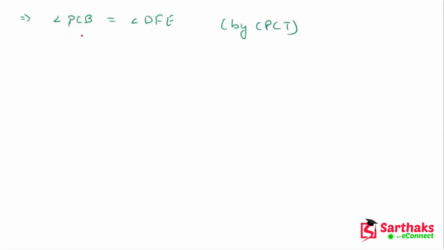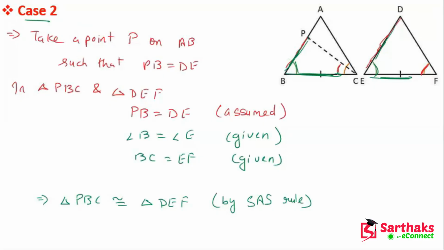But we know that angle ACB is equal to angle DFE, which is given. So angle PCB is equal to angle DFE and angle ACB is equal to angle DFE cannot both hold, unless point P coincides with A.